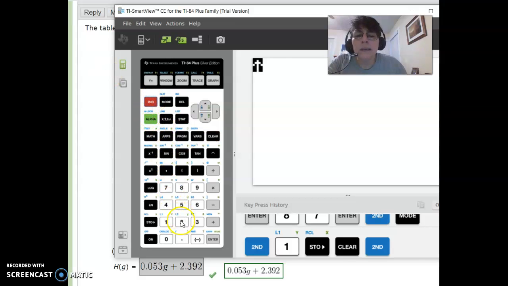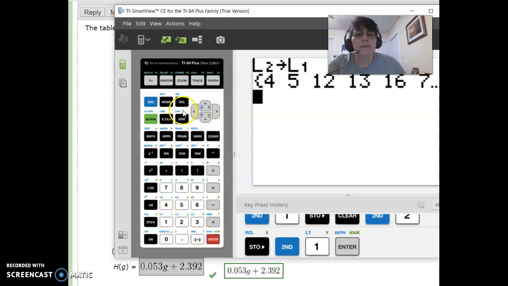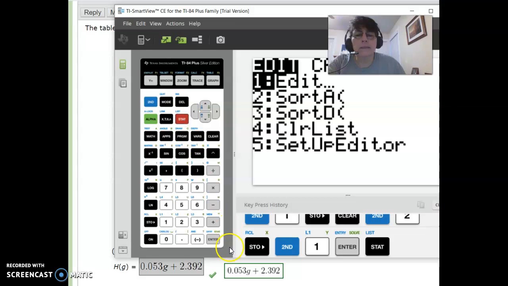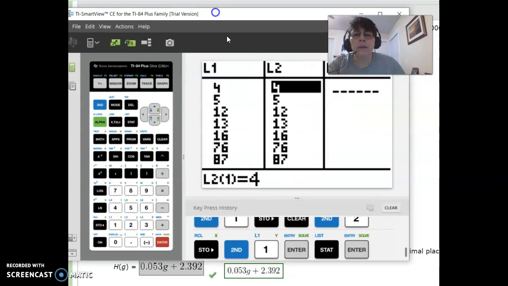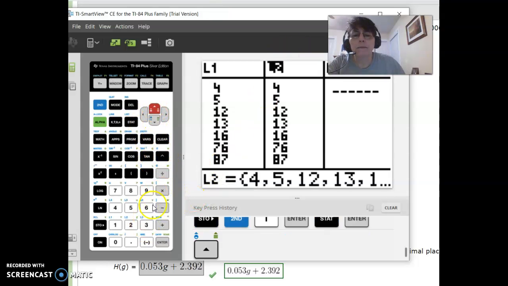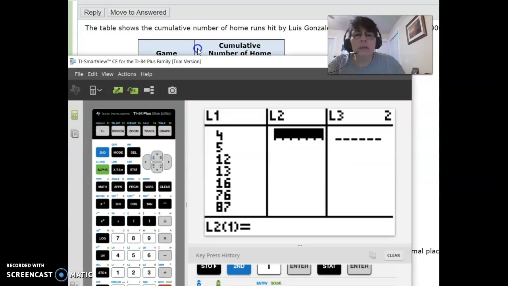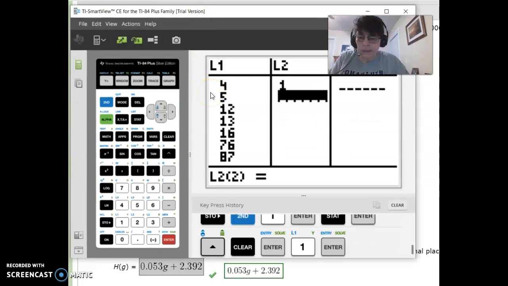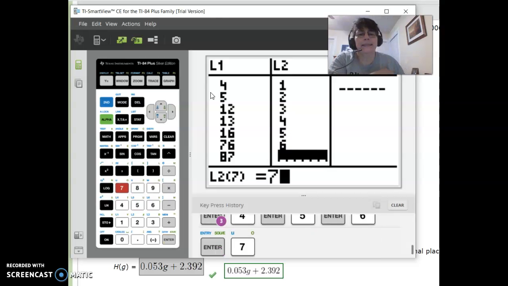So second L2 store in second L1. Enter. So let's see. Edit. Yep, there it is. So I'm going to come up to L2, hit clear and enter. Okay, and I think those numbers are just 1 through 7: 1, 2, 3, 4, 5, 6, 7.